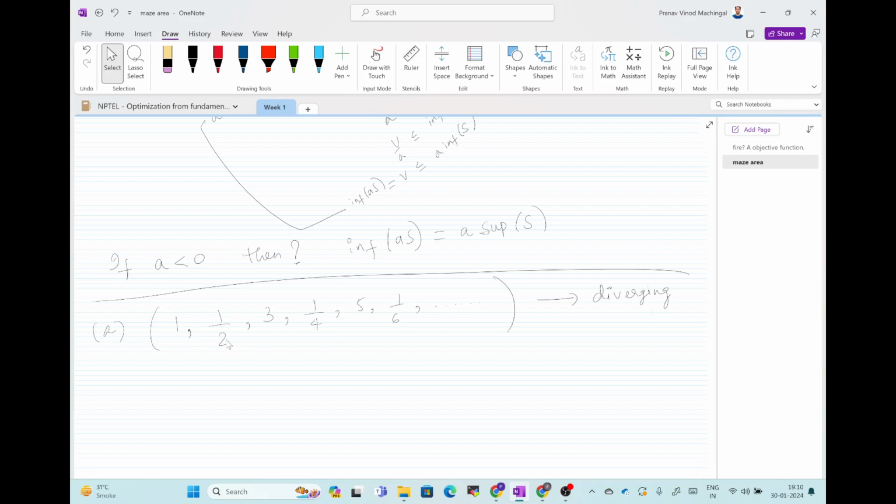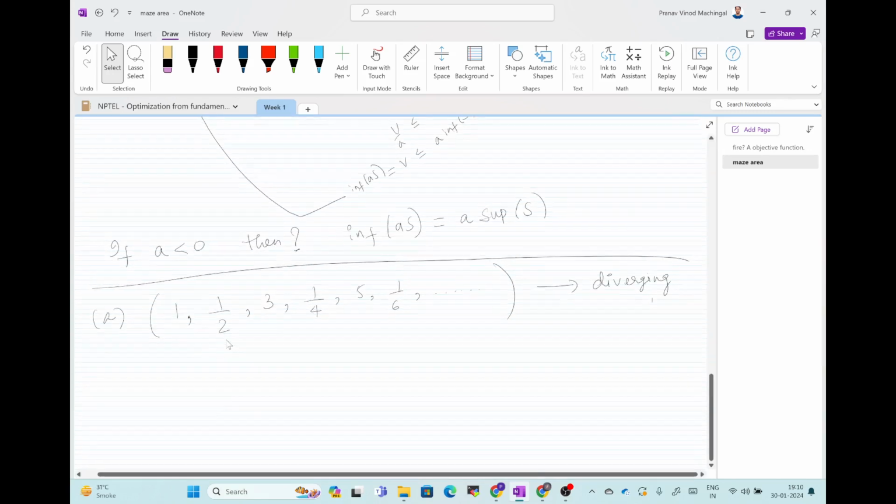But for a converging sequence, all of its subsequences must also converge, right? For a converging sequence, all subsequences should converge, but for this it need not be, no? Yeah, because there is a diverging subsequence.